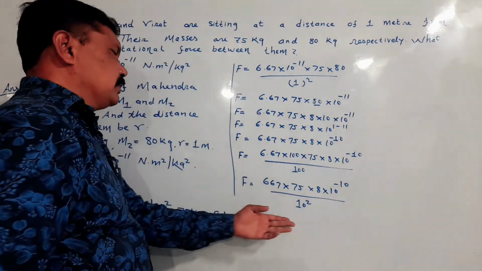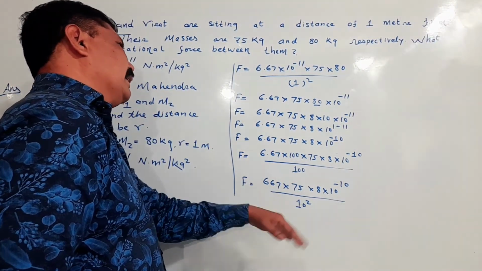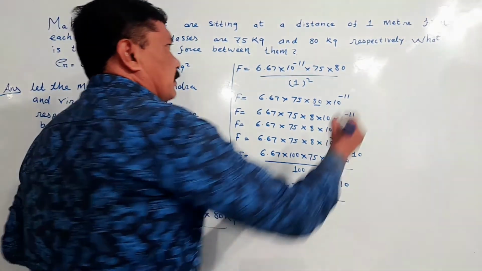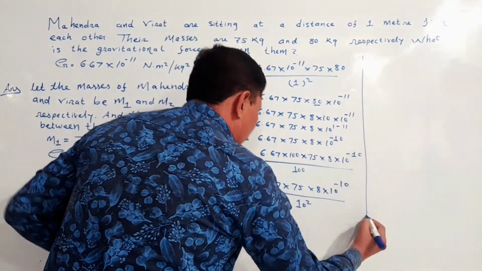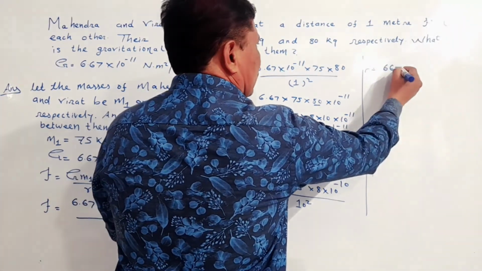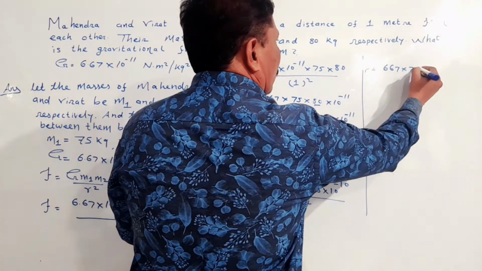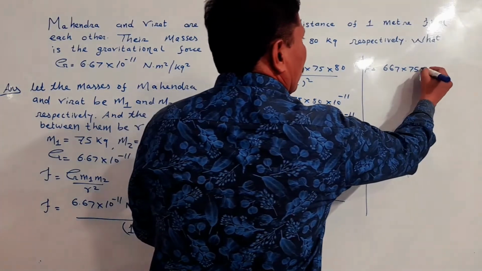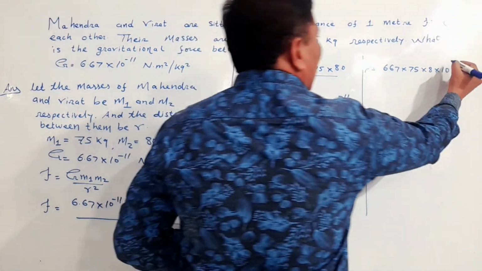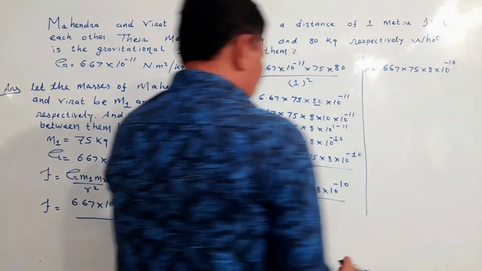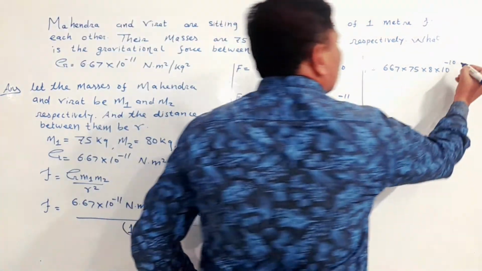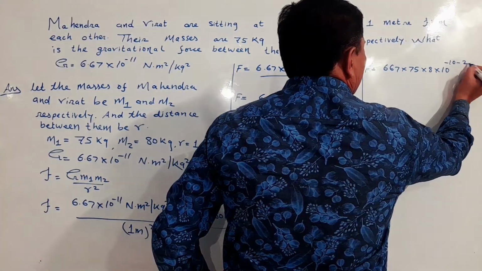Now my dear student, 10 to the power 2 we can take in the numerator and we can write it in this way. F is equal to 667 into 75 into 8 into 10 to the power minus 10, and 2 will go in the numerator, plus 2 will become minus 2, so we can write here minus 2.